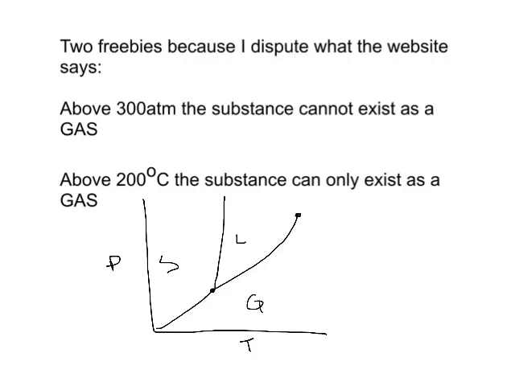So at pressures above this pressure, or at temperatures above this temperature, basically where that point is, the substance is now what scientists call a supercritical fluid, which has properties of liquids and gases, and you basically can't distinguish it anymore.